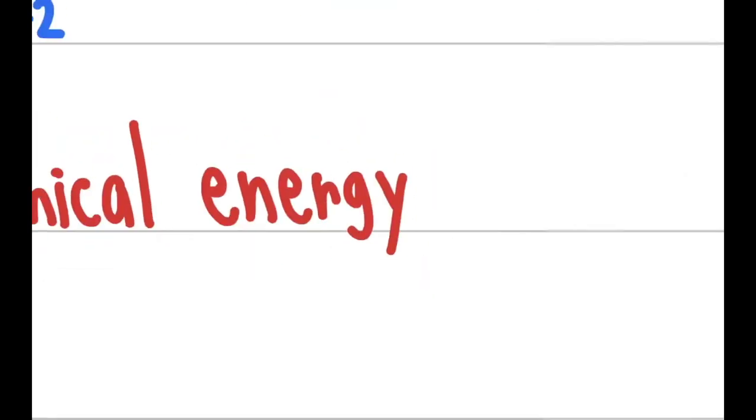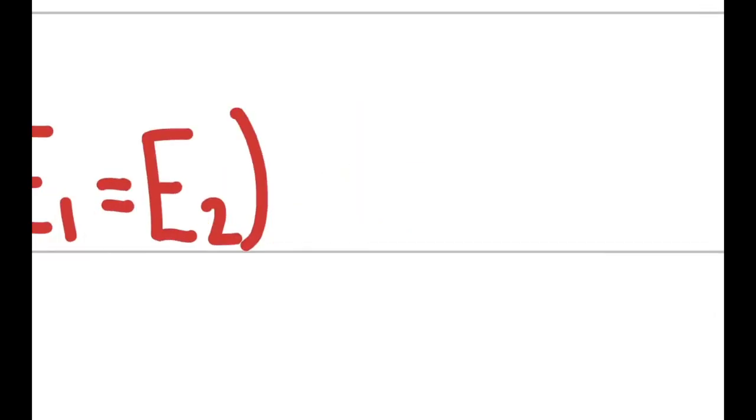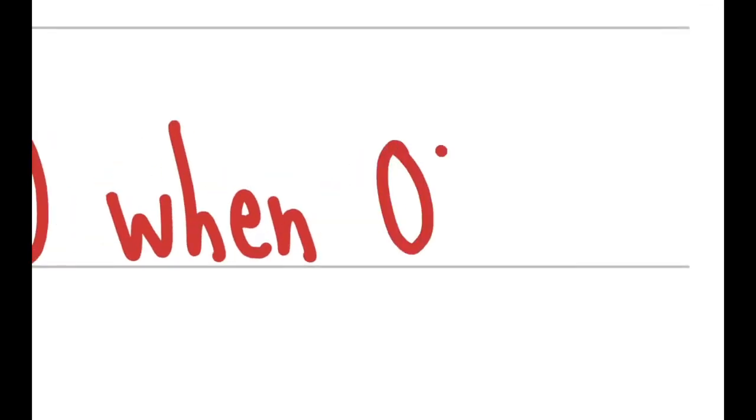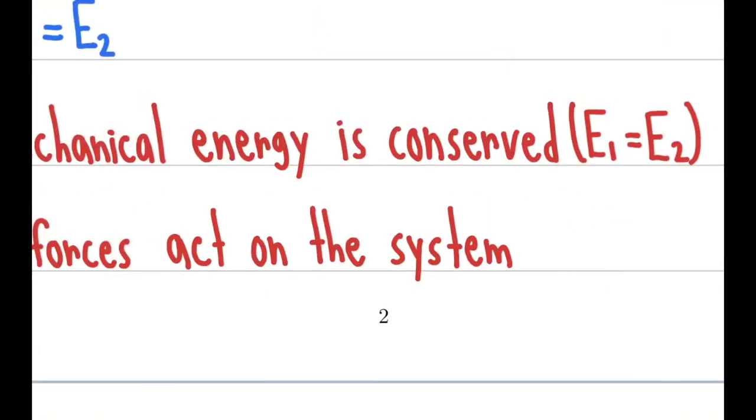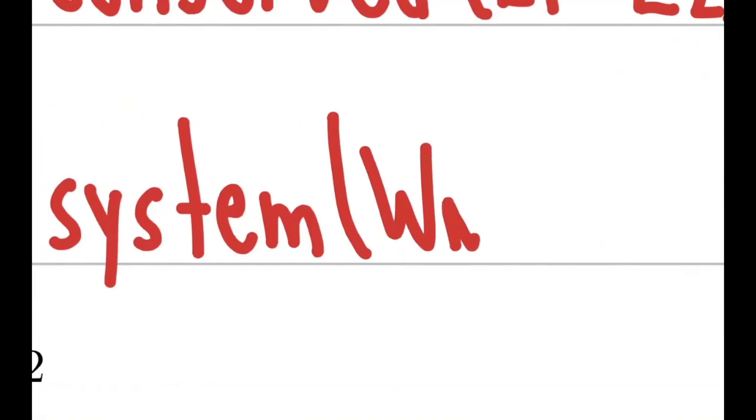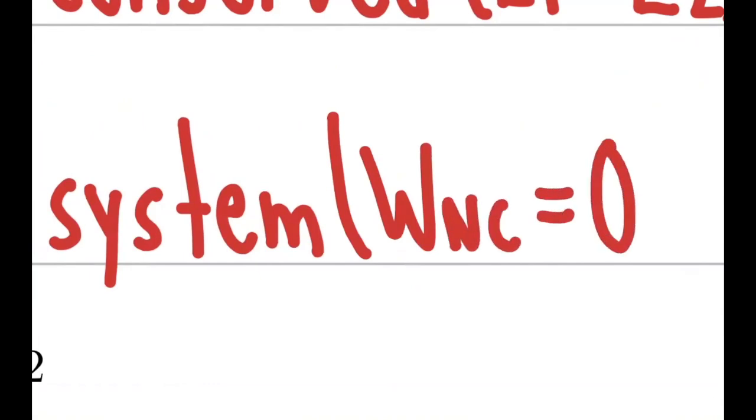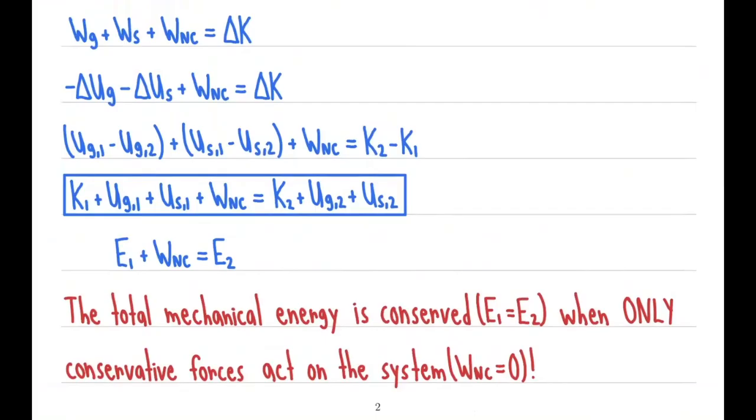The total mechanical energy is conserved, so that means E1 equals E2, when only conservative forces act on the system. If there's only conservative forces, that means the work done by the non-conservative forces is 0. All right, very important concept. I think we're ready to do an example now.